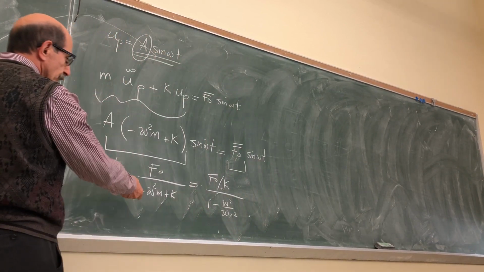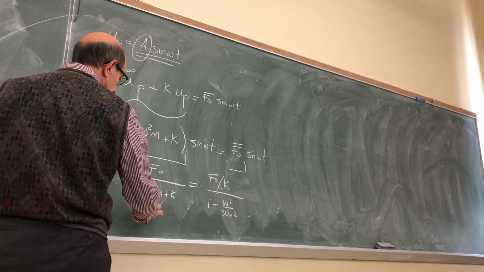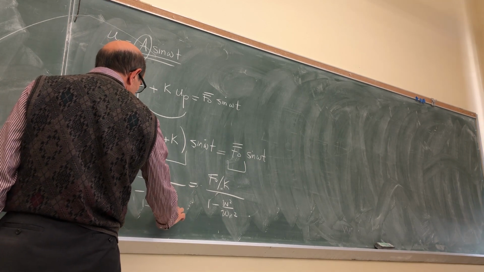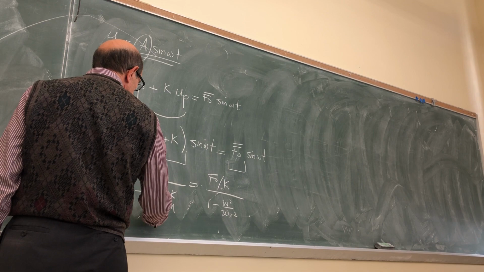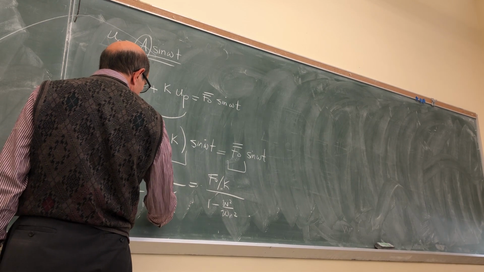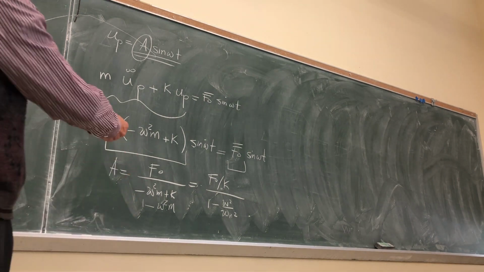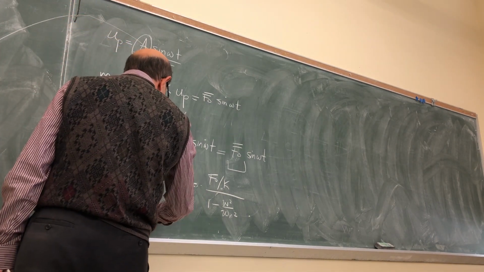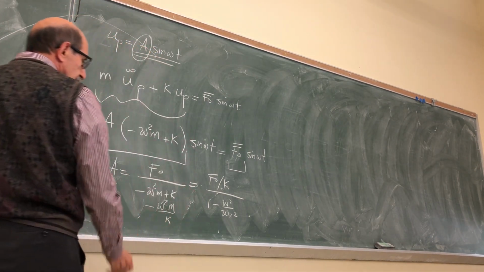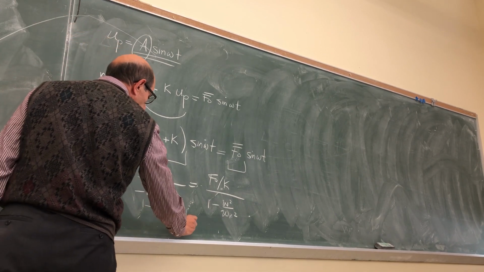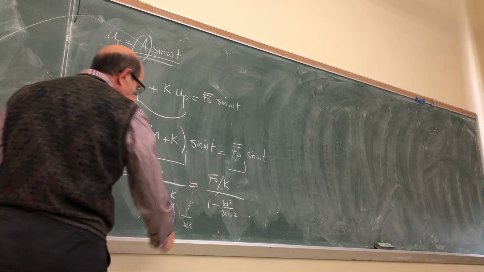Because if you divide by k, it becomes 1 minus omega squared m over k, and m over k is 1 over omega n squared.